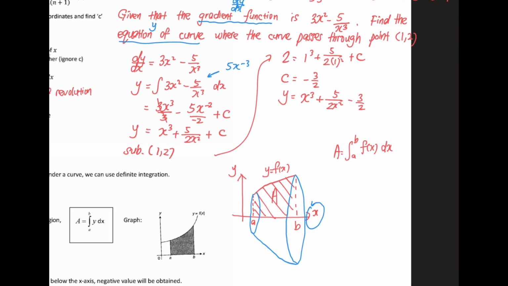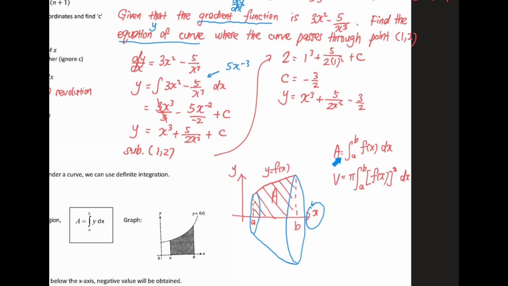So in general, the formula for volume of revolution is V equal to pi integrate a to b [f(x)]^2 dx. So what you realize here is the idea of area and volume is kind of similar.